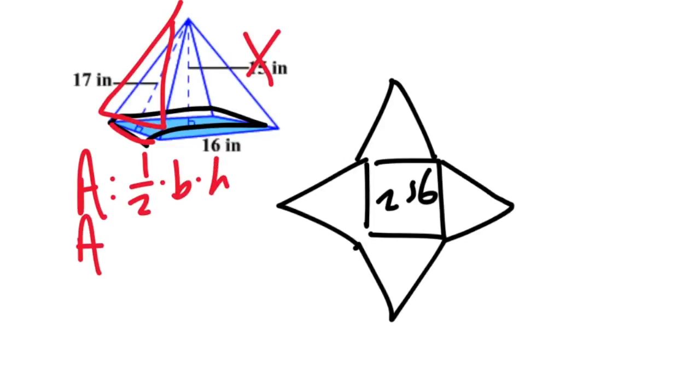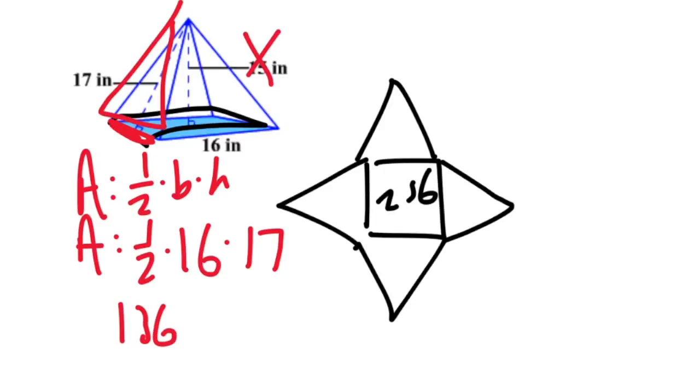Area of a triangle is half base times height. So the area of the triangle is 1/2 times the base. It's a square on the bottom, so that means that that piece is 16. And the height of the triangle is 17. Half of 16 is 8. 8 times 17 is 136 inches squared. And all four of these triangles are the same thing.